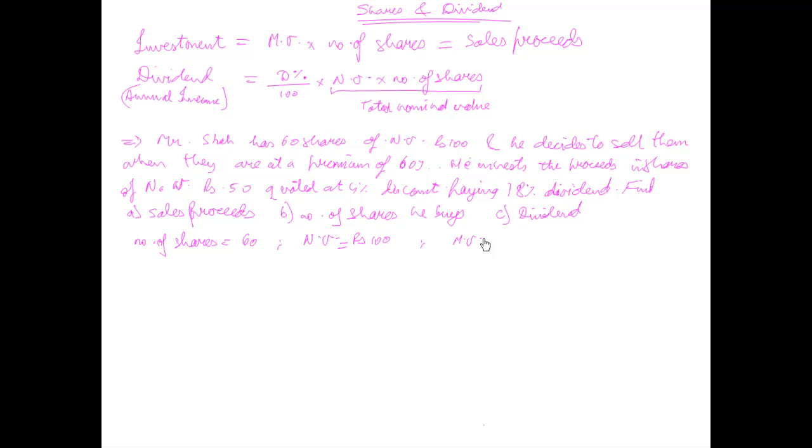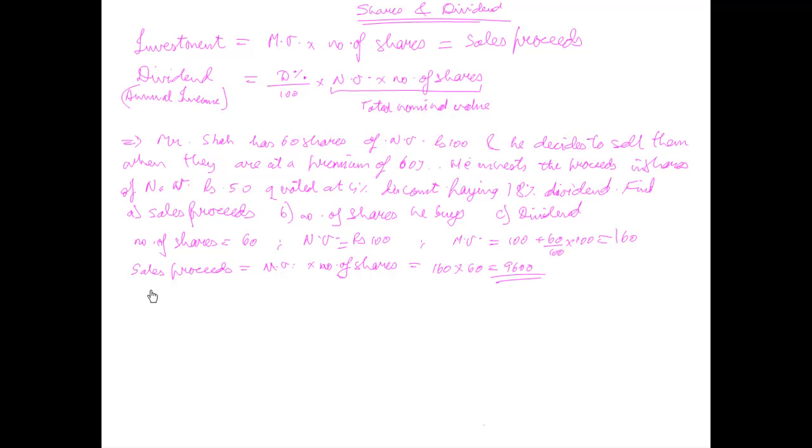So the market value will come out to be 100 plus 60% of 100, which is straightforward 160 rupees. So here the sales proceeds would be the same as market value into number of shares. Market value is 160, number of shares is 60. 6 times 16 is 96 and 2 zeros. That's sales proceeds, children. First part.